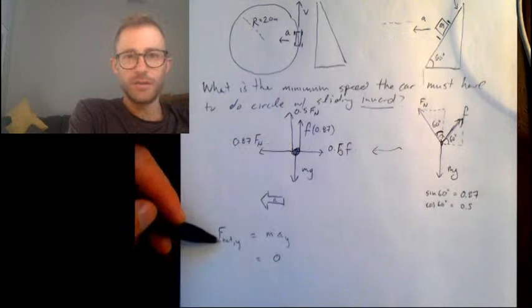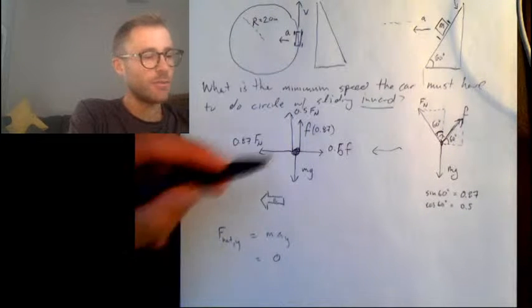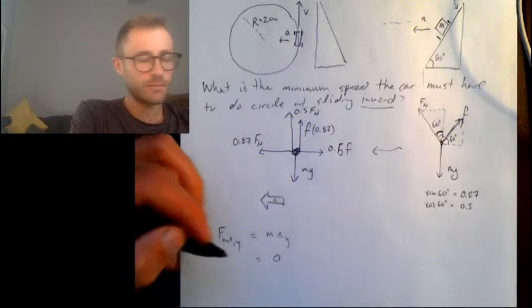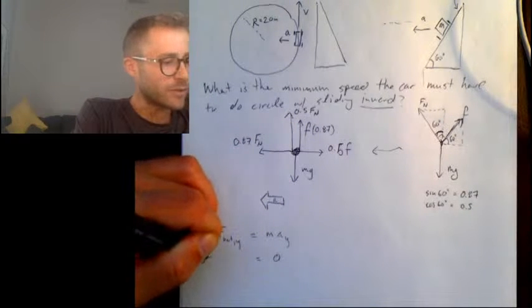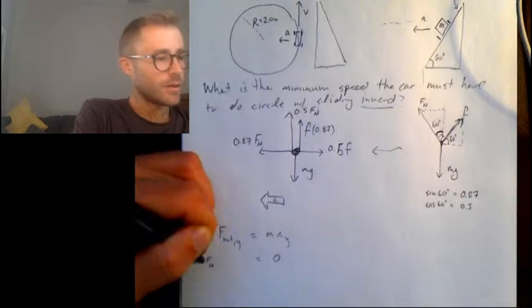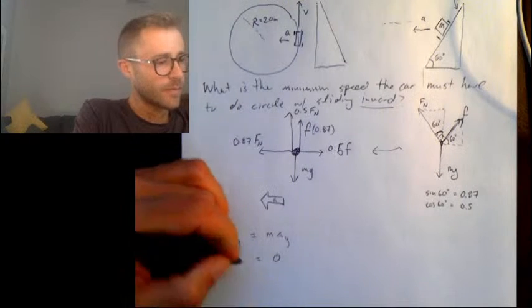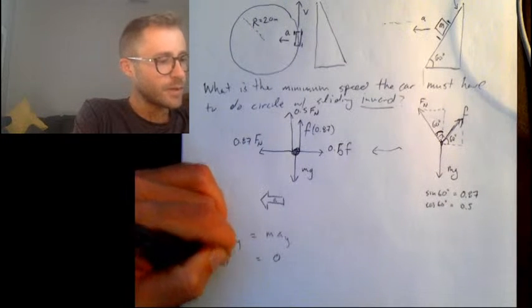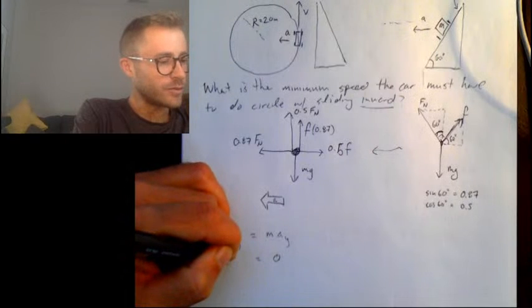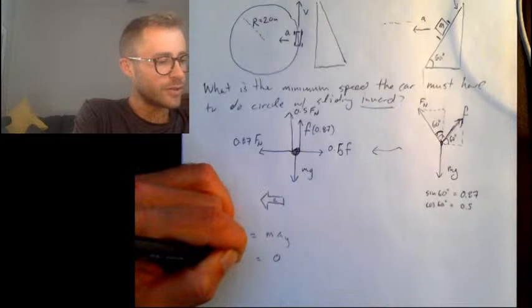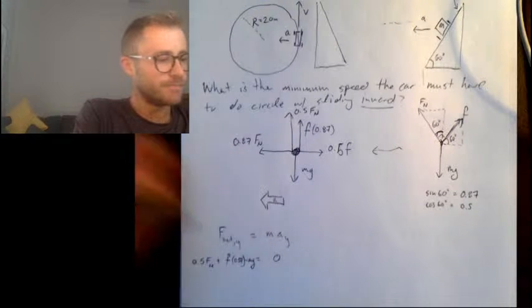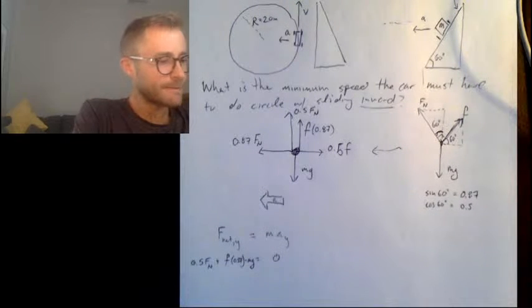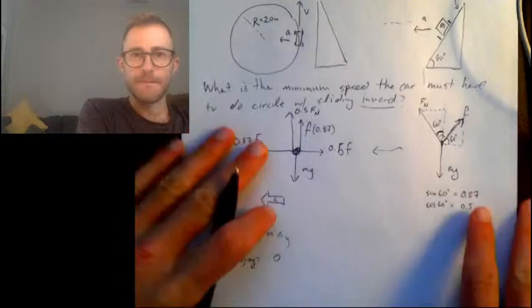The net force in the y direction is up forces minus down forces, so I have 0.5 F sub n plus friction times 0.87 minus mg equals 0.